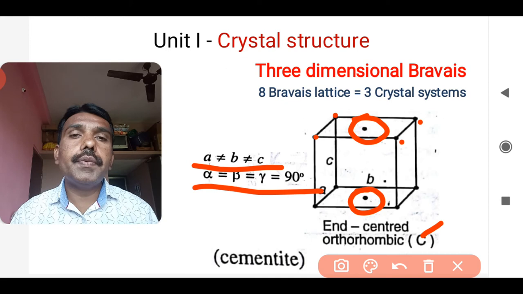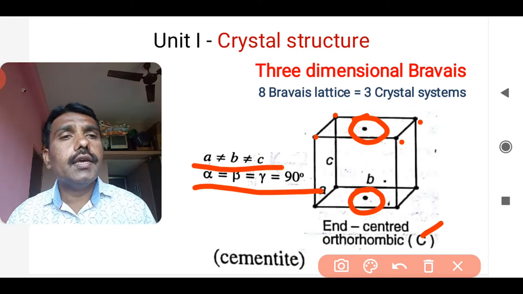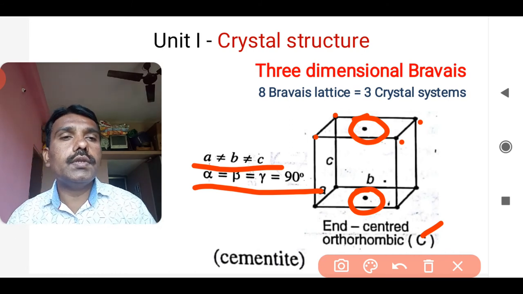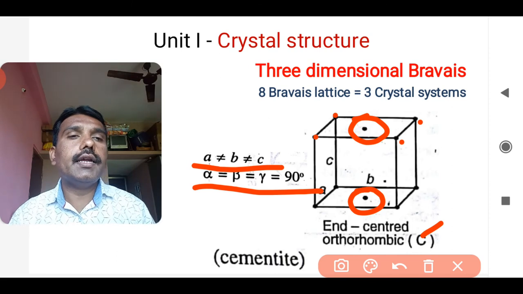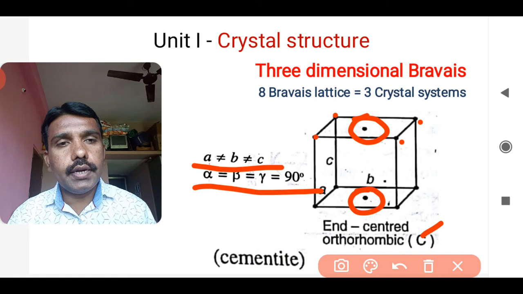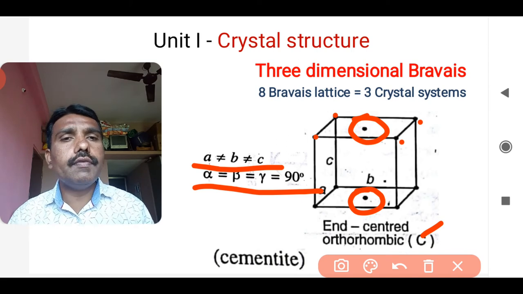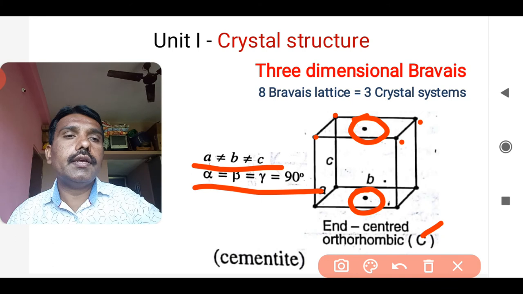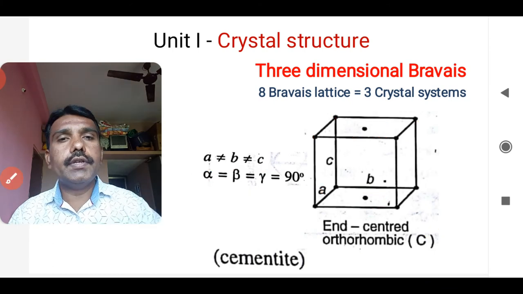Here the pair is at the center of the top surface and the center of the bottom surface, and that's why this is called end-centered orthorhombic. Cementite is another example of such a Bravais lattice.